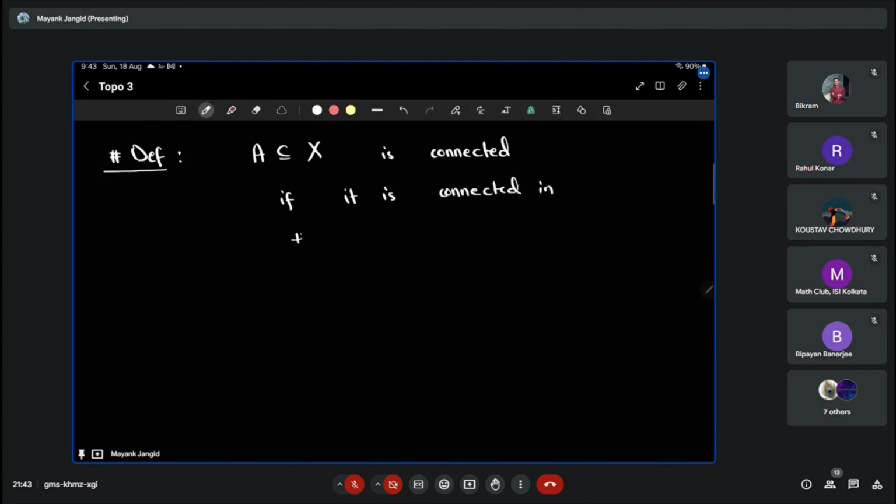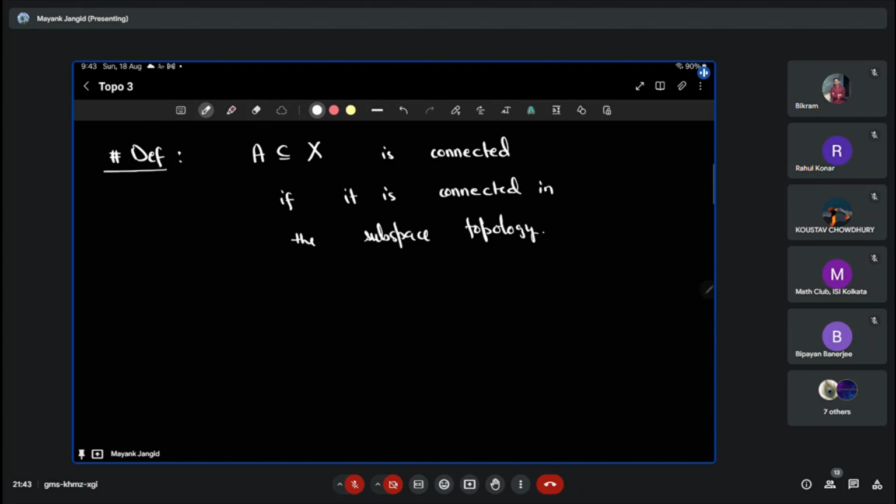Connected in the subspace topology. Okay. So this gives you a way to assign connectedness to subsets of a topological space.